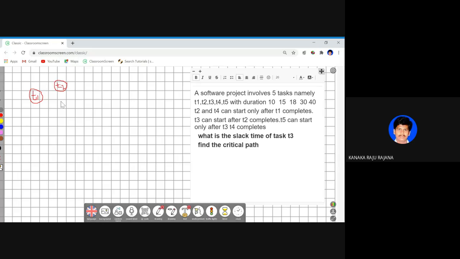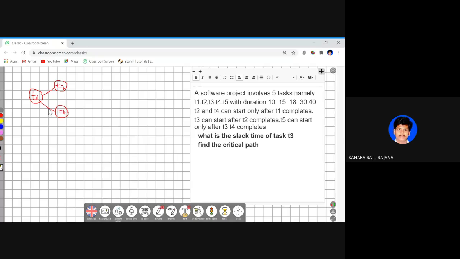And this is T4. You can use capital letters also. Okay. T2, T4 can start after completing T1. So I fulfilled my diagram.